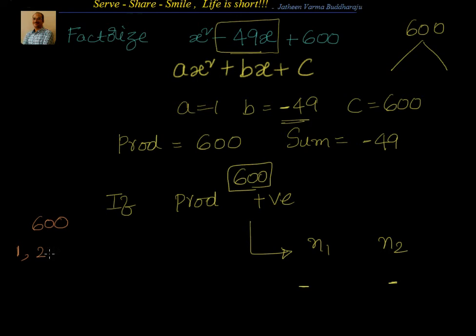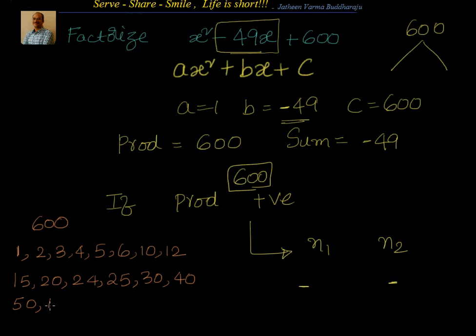I'll just do that this way. 1, 2, 3, 4, 5, 6, 10, 12, then let us say 15, I have 20, then I have 24, then I have 25, then I have 30, then I have 40, then I have 50, you have a lot, 100, 150, 200. Okay, now I will not go there.